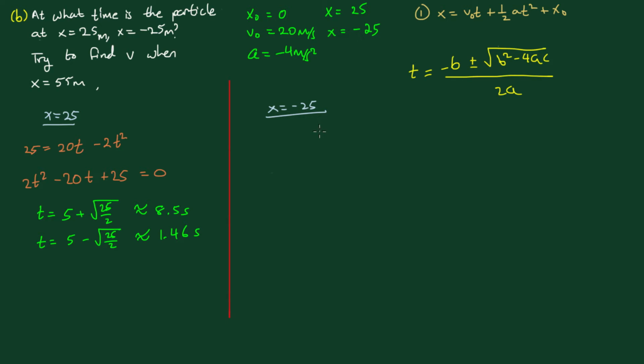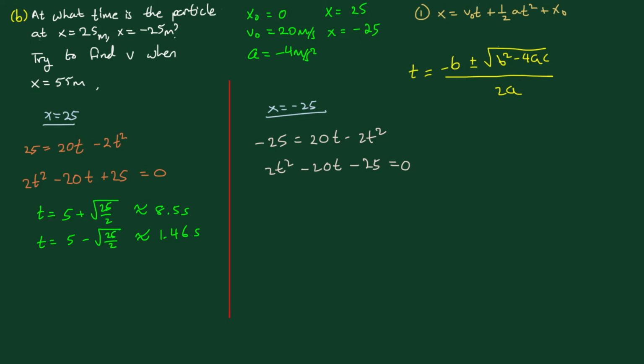All right, so let's go ahead and try to solve for x equals minus 25 meters. The same way we solved for this one, we plug in minus 25 meters, and that's going to be equal to 20t minus 2t squared. So we rearrange this again, and we have 2t squared plus 20t. I'm sorry, that should be a minus 20t. So 2t squared minus 20t, and then minus 25 is equal to 0.